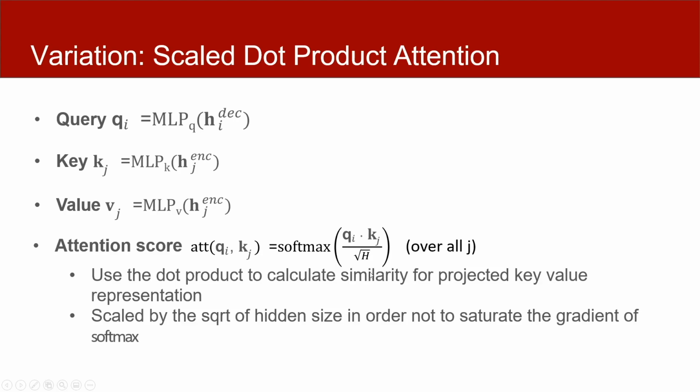The purpose of the scaling is to normalize for the size of the dot product, so that we don't saturate the gradient of the softmax. Essentially, if we have a larger hidden state, our value of the dot product is going to be larger, so we need to compensate for that.